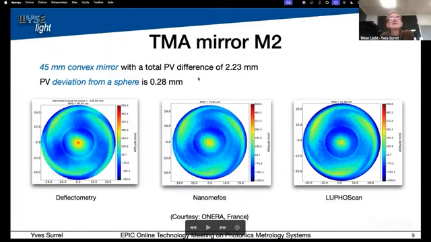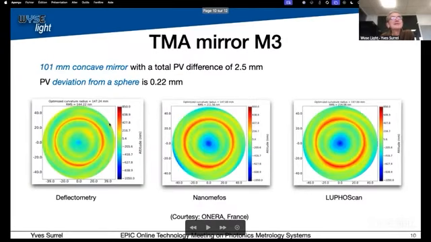You see, for example, the deviation from a sphere is 280 microns, so it's a real freeform. And once again, we have a deviation to the nominal that is really close. So now for this mirror, all three equipments are really very close.